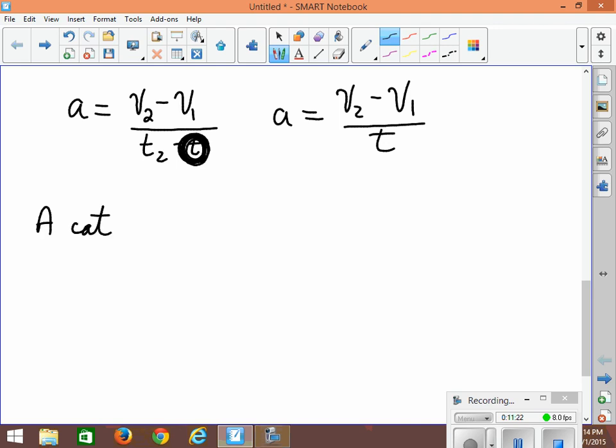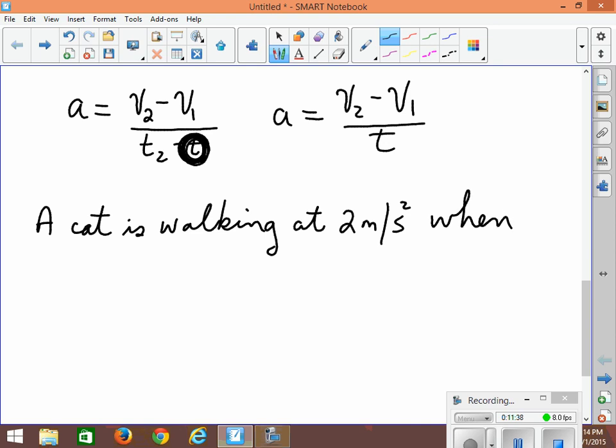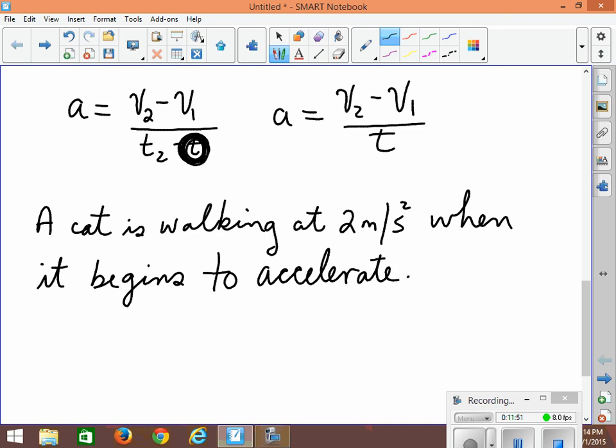A cat is walking at 2 meters per second, which is actually a pretty fast walk, but we'll call it walking, when it suddenly speeds up, or it begins to run. Or we could use the word, it begins to accelerate, which means it's going to speed up.